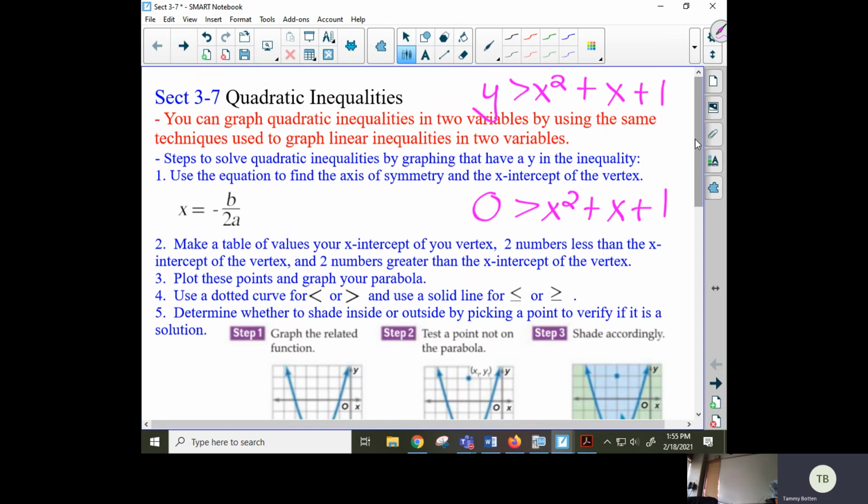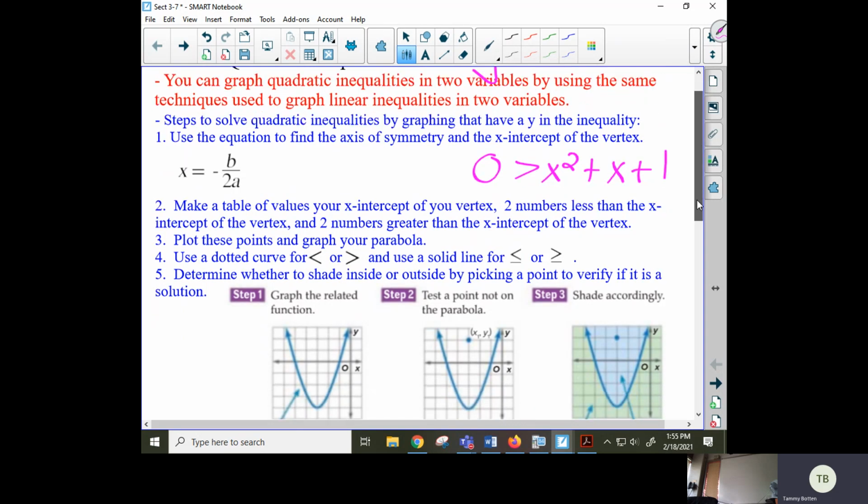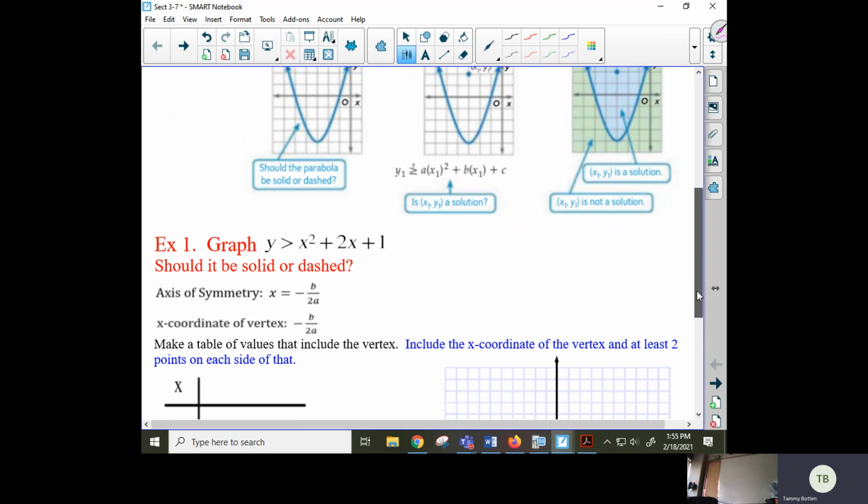So in this one, what you're solving for is what ordered pairs work in this inequality. In this one, you're solving just what x's work in this inequality, okay?